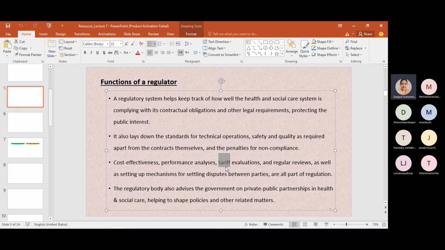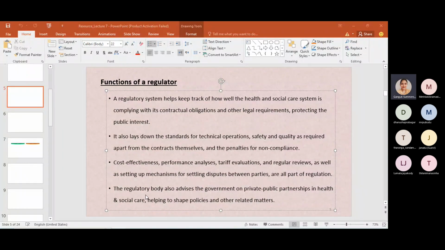So those tariff evaluations, regular reviews, and setting up mechanisms, all these things are components or parts of regulation.